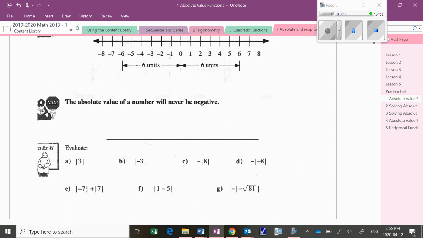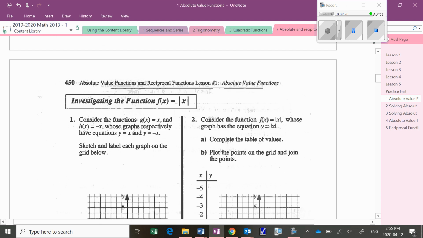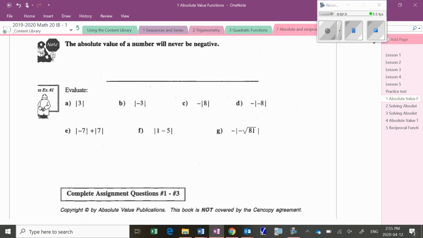So the other thing that he notes is the absolute value of a number will never be negative. And so the only thing that I caution you on is that a lot of times people say, oh, so you mean anytime I see any of these questions, so all of class example number 1, it's never going to be negative? That would be false. What he's saying is essentially anytime I've got absolute value, and regardless of what you have, if you have an operation, anything within the absolute value bars, yes, that will never be negative.